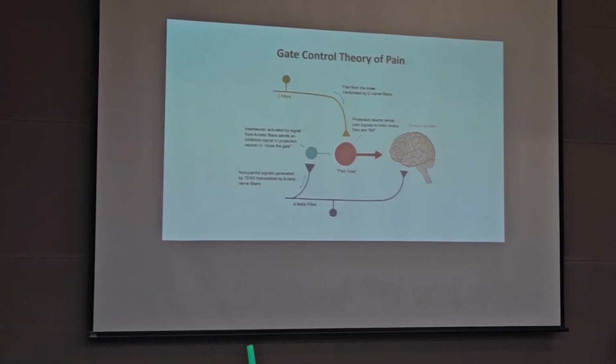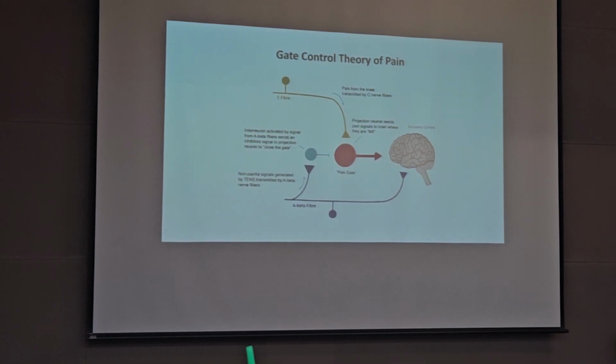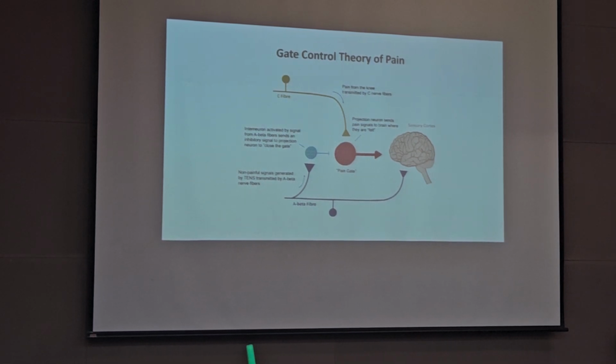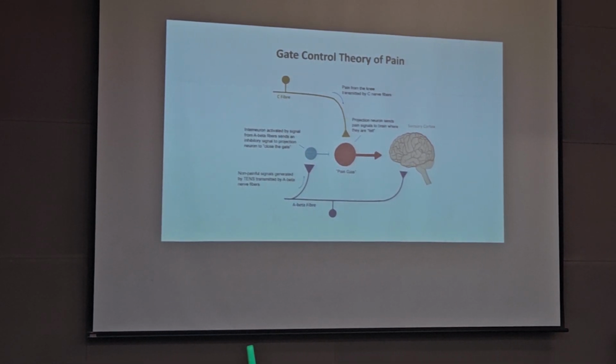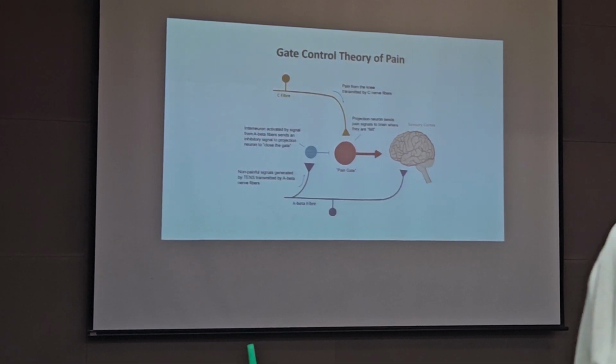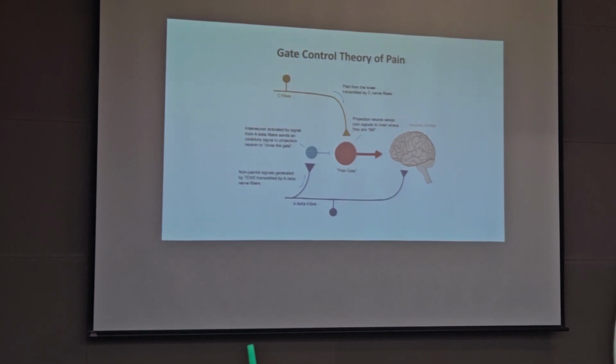But when you apply the touch sensation, rubbing or maybe massage, it will activate this A beta fiber, the highly myelinated fiber. So we have an inhibitory neuron here. When you stimulate this A beta fiber, it will stimulate the inhibitory neuron. What will happen if we stimulate the inhibitory neuron?